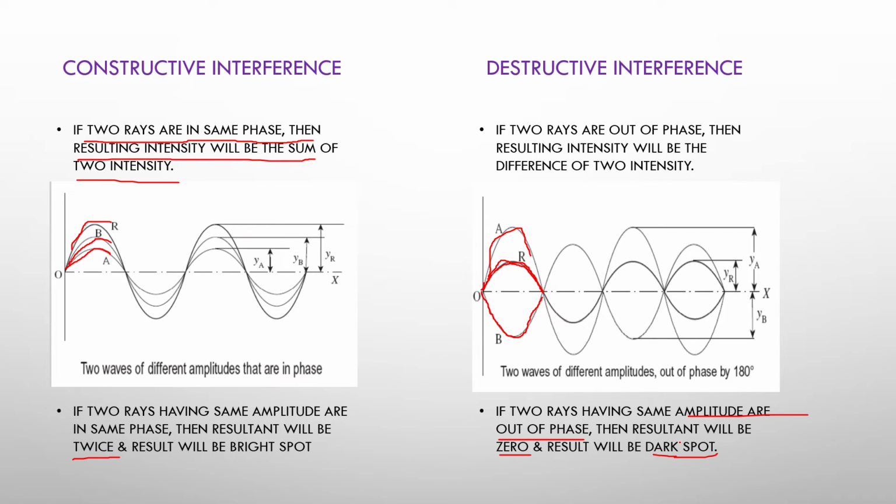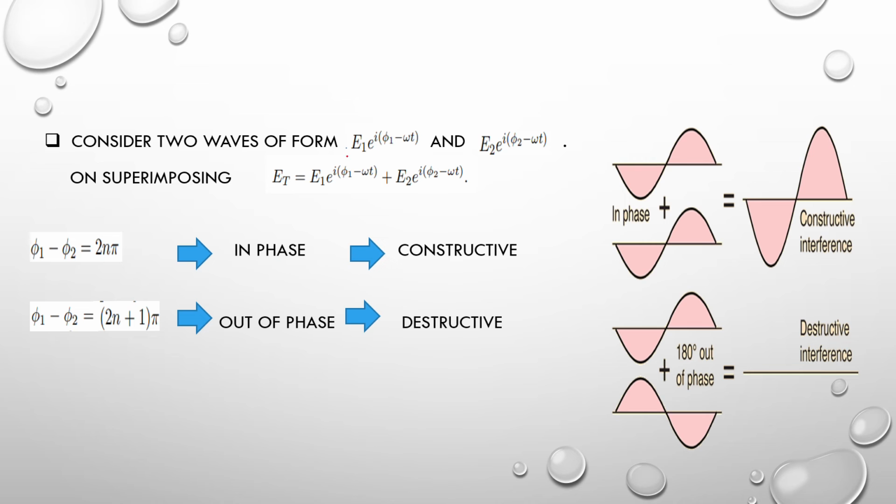You can consider two E-wave equations and superimpose them, and you will get this resultant equation. Here phi 1 is the phase related to E1 and phi 2 is related to E2. If that difference is equal to 2nπ, they are in phase and the interference is constructive, and the resultant will be the addition of these two.